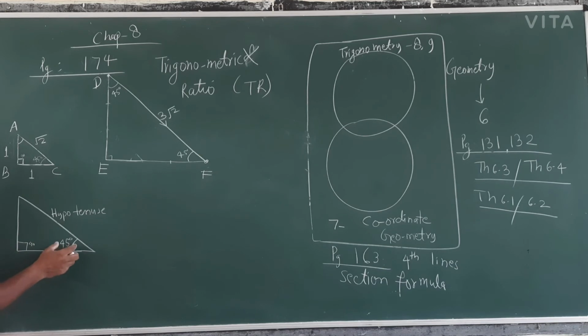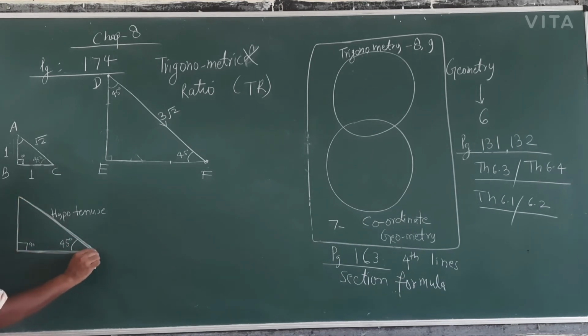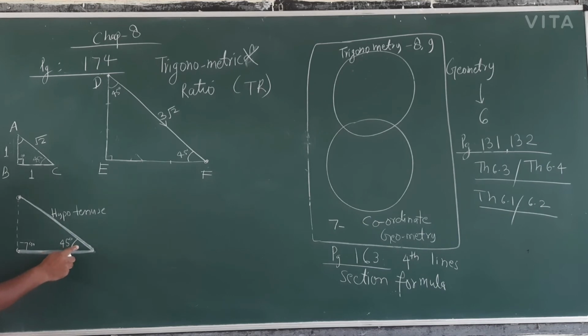If you take this angle 45 degree, so 45 degree is made with the two sides, this hypotenuse and this. So 45, you can erase this, means only the length is fixed, triangle is made. So this angle is made between two sides, what? Hypotenuse and this.